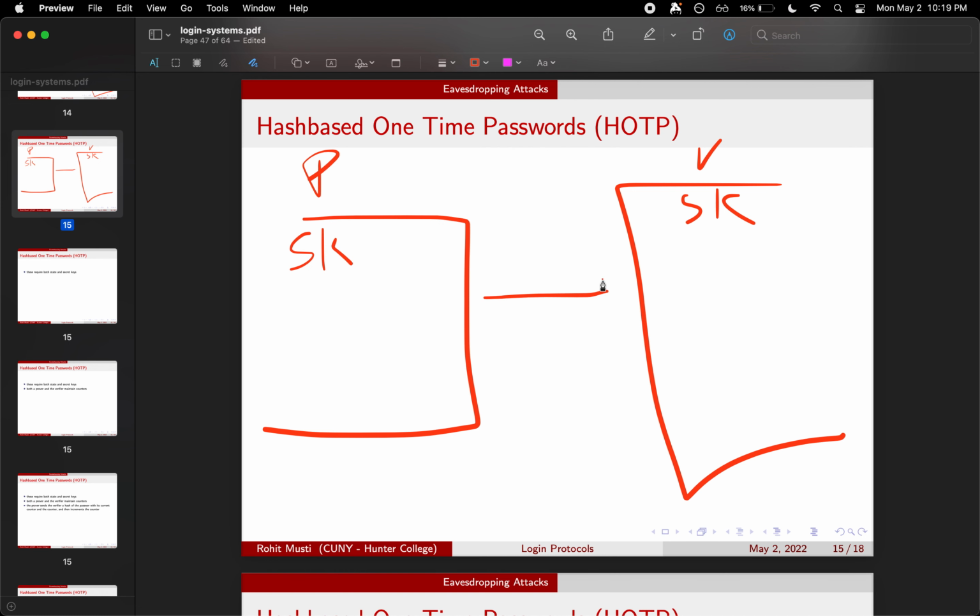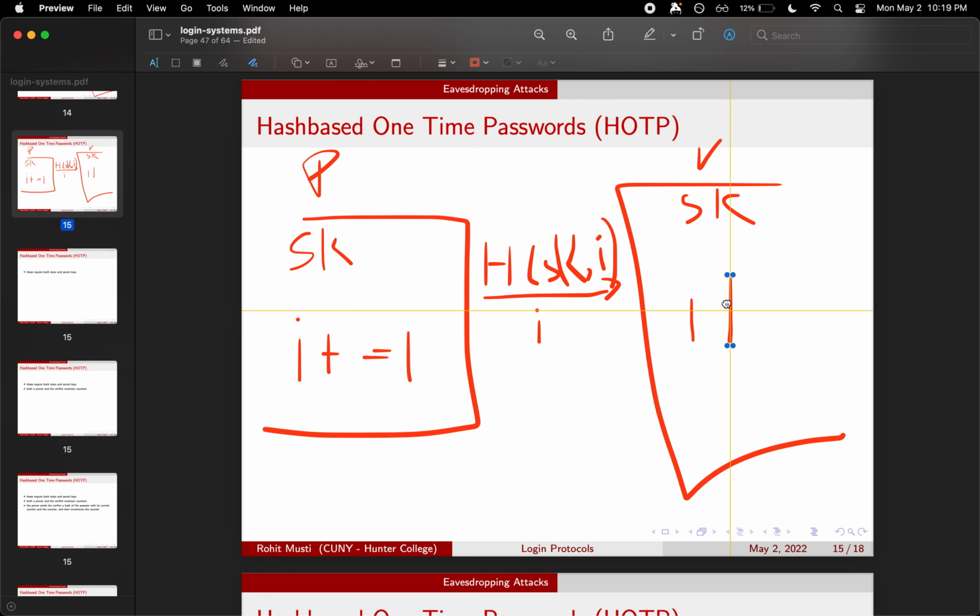They send H of the secret key and I. And they send I to the verifier. The verifier then computes the same thing, and then they both increment I by 1. The problem with this is we're introducing state, right?